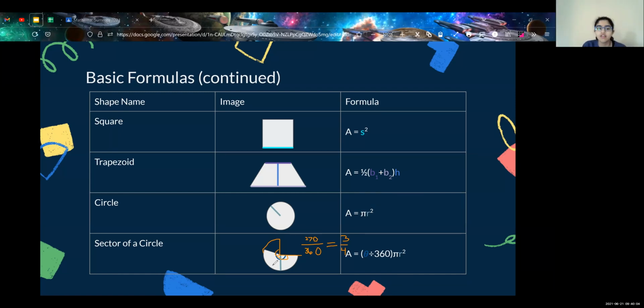Usually if they ask you to find the area of a sector of the circle, you will be given an angle measure, or a right angle will have its legs on the radii. That tells you that the 90-degree angle is the angle measure. They'll usually give it to you, whether directly or indirectly, but they'll always give it to you.